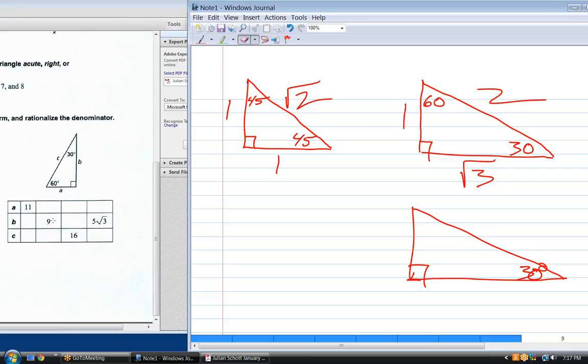Okay. Now, B, which is the side opposite the 60-degree angle, is 9. The 60-degree angle is right there. And it's 9. Notice that I don't have mine oriented the same way they do. I did that on purpose. I want you to see that this 9 is opposite the 60-degree angle.